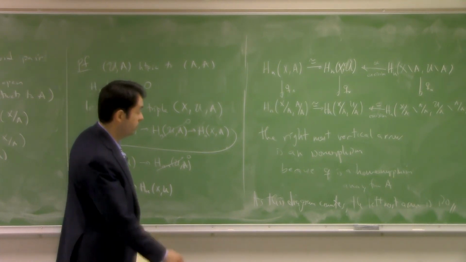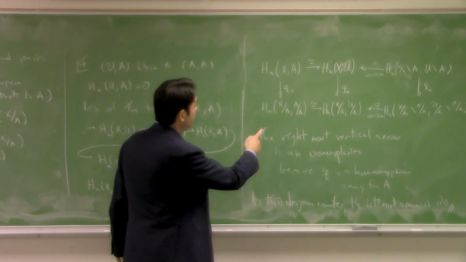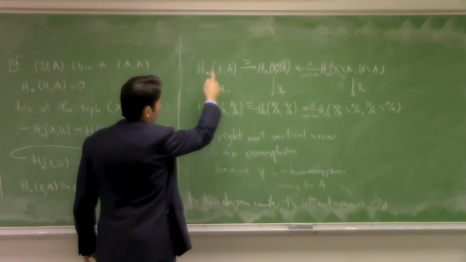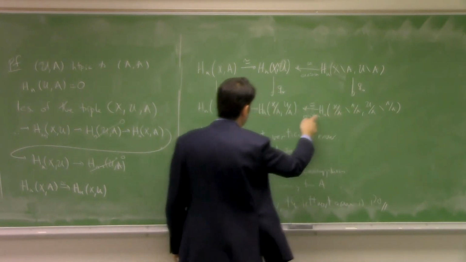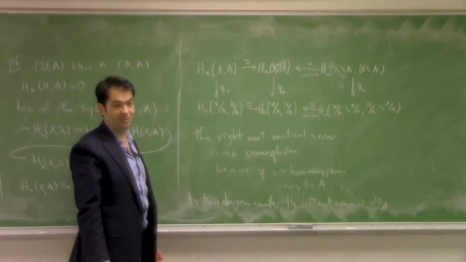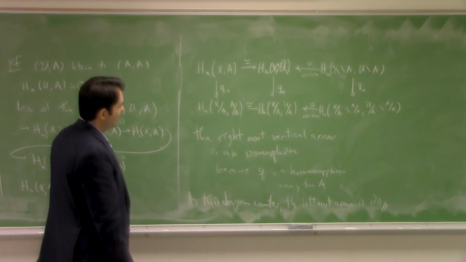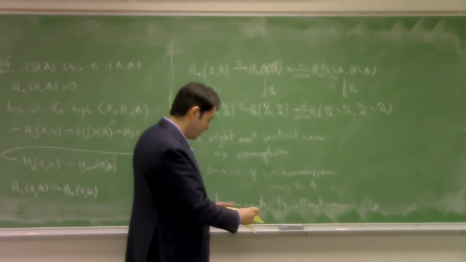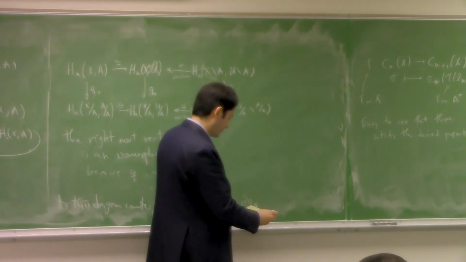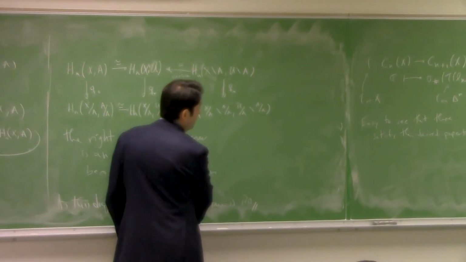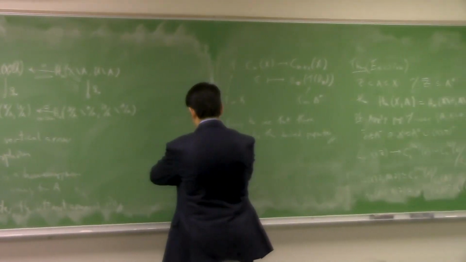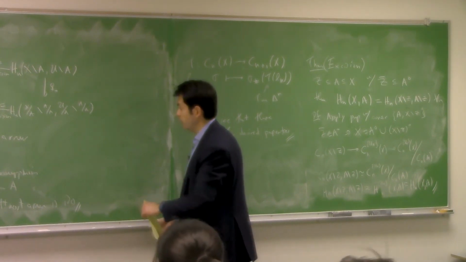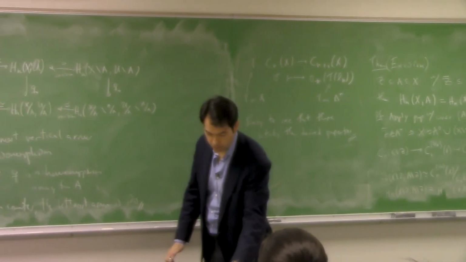So we'll see that soon. But in any case, in this case, they commute. And so if you want to know that this is isomorphic to this, you just go around, and you get an isomorphism. Okay, perfect. So that justifies our computations of the homology of spheres, for example. And we're just out of time, so good place to stop.